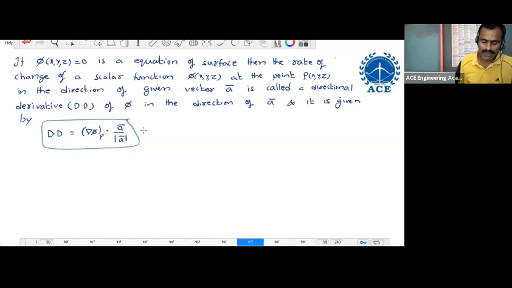So it is the formula to write the directional derivative of any given scalar function in the direction of a bar at a point p. Note point.